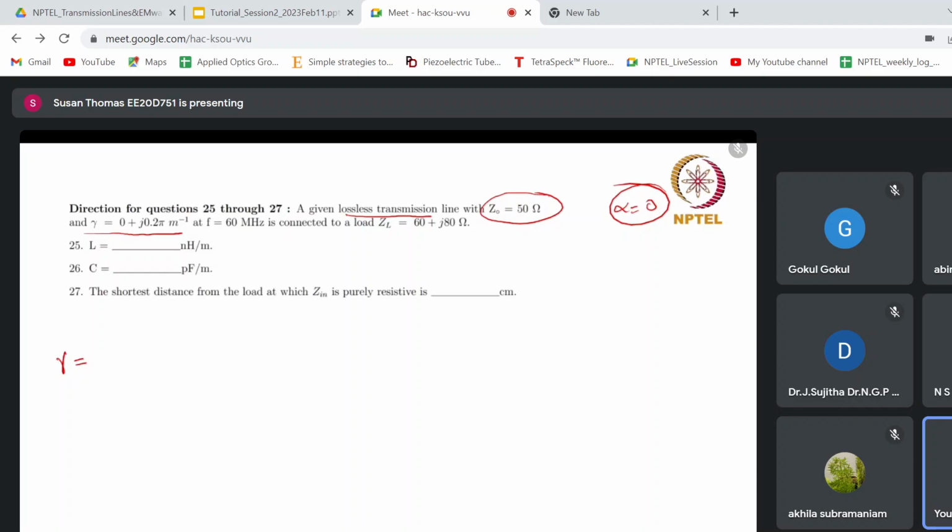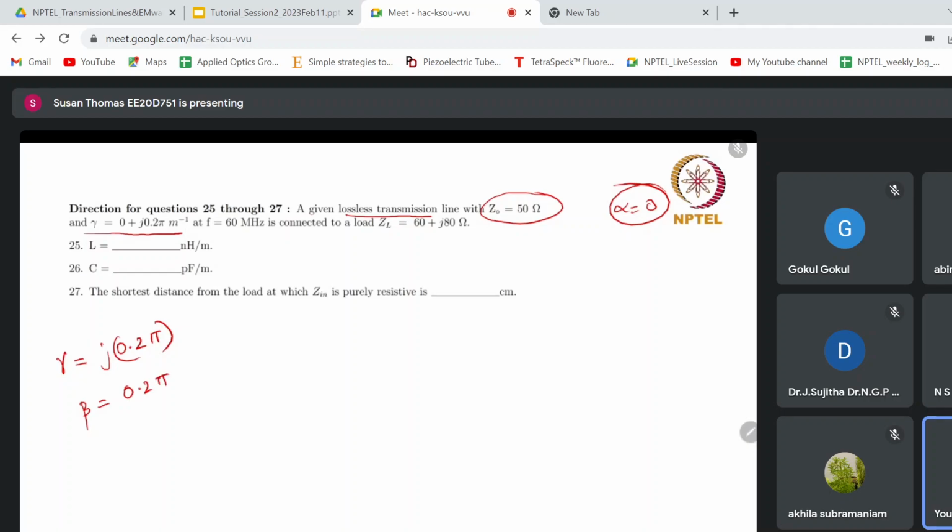Anyone? Lossless medium. Yes, it's lossless. So there is no attenuation. So gamma is just j0.2 pi. So we can straight away write beta is 0.2 pi.